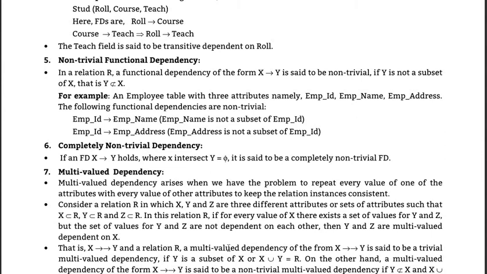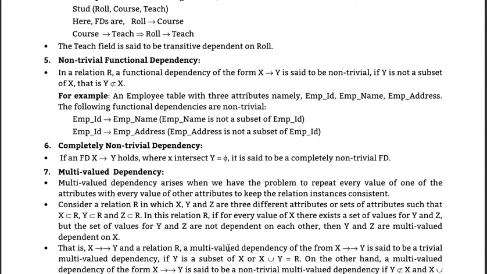In the first, employee ID determines employee name, that is employee name is not a subset of employee ID, that is Y is not a subset of X, and employee address is not a subset of employee ID. These are examples of non-trivial functional dependency.